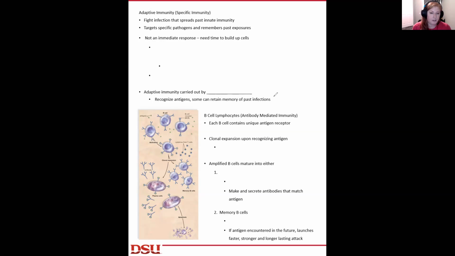Because it takes about 7 to 10 days to get that immune response up to full strength, okay? So if a pathogen gets past the first line of defense, the physical and chemical barriers, past innate immunity, then it's going to be dealt with by the adaptive immune system, okay?